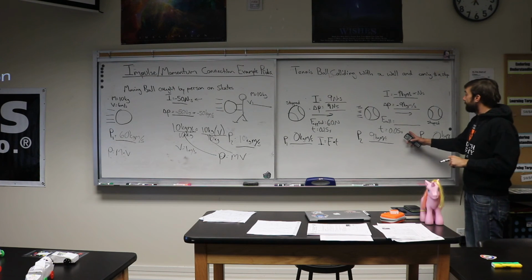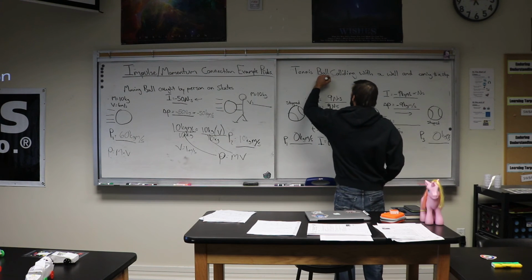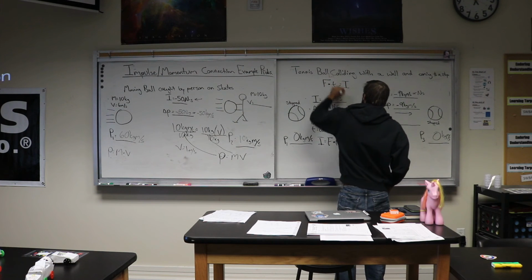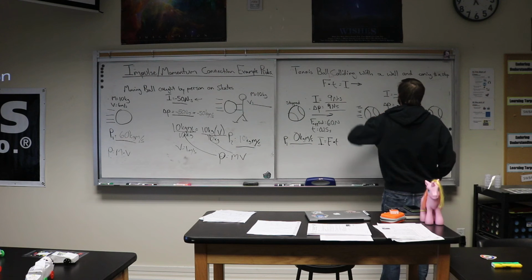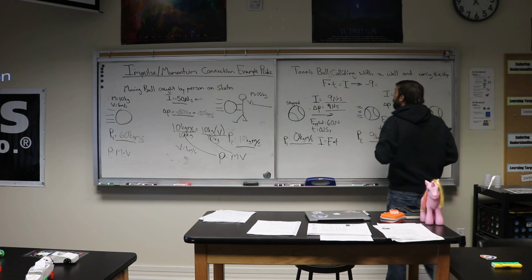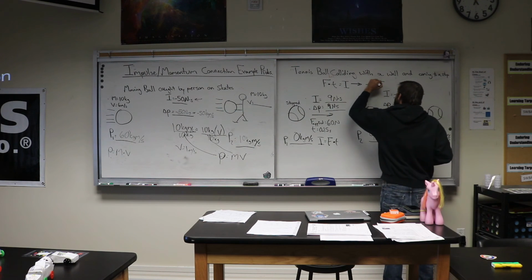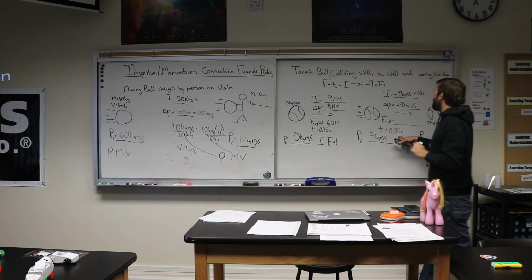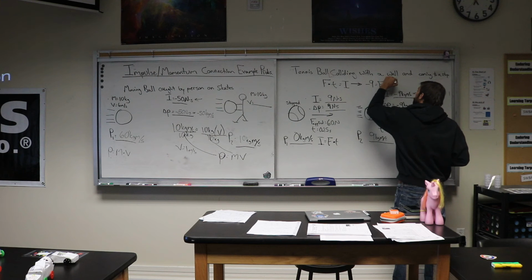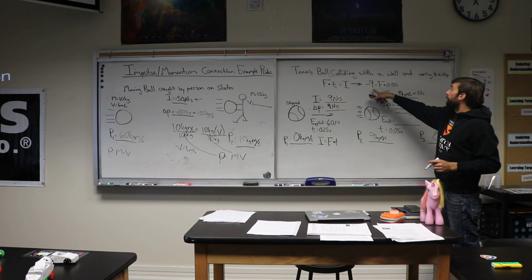All right, and now we want to figure out the force on the wall. So I'm going to write it up here. Our force multiplied by time equals our impulse. Our impulse was negative 9, so minus 9 equals our force, which we don't know, multiplied by time, which is 0.05. So now we want to figure out what our force was.